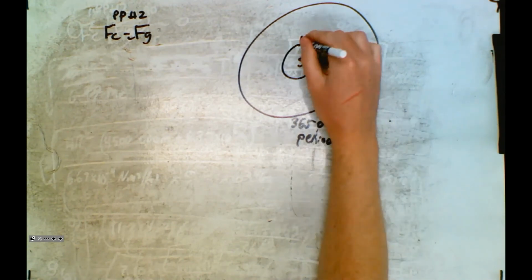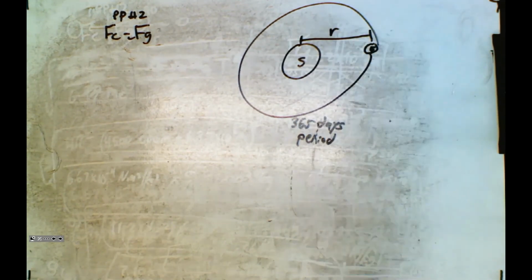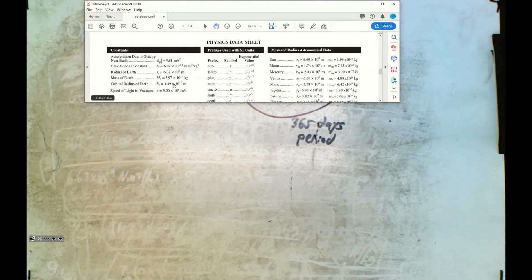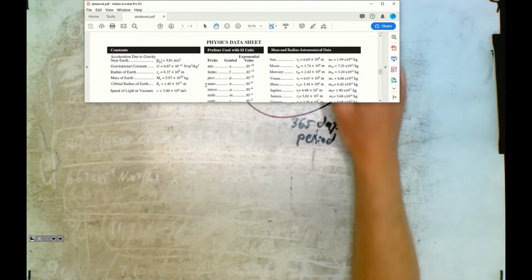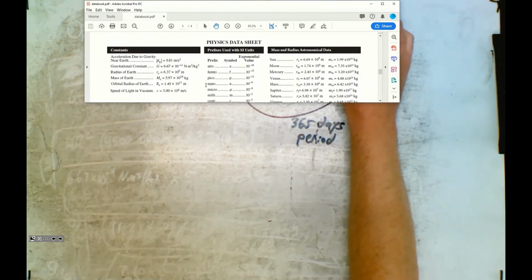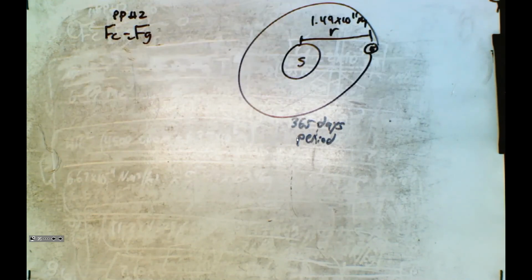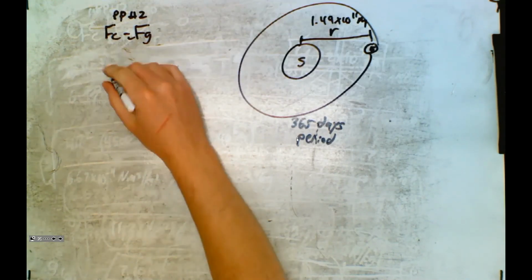We also know the orbital radius of the Earth. So if we look up the orbital radius of the Earth, it's 1.49 times 10 to the 11. So with those two pieces of information, we can calculate the mass of the sun.